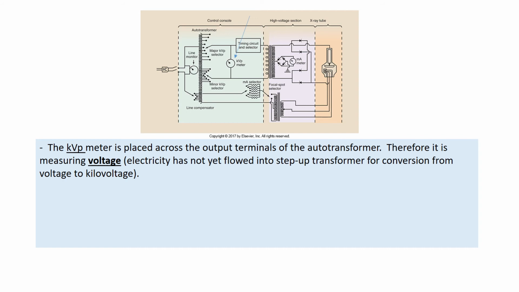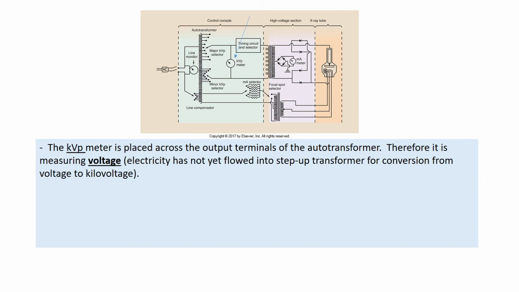Now, how can it measure the kVp if it's a meter that's only measuring voltage? Well, the computer uses the transformer law, and it knows how much voltage is going to be going into the step-up transformer, which has a fixed number of coils. So whatever that voltage that's going in is at, and then you do the math, you're going to know what kilovoltage you're eventually going to end up with.